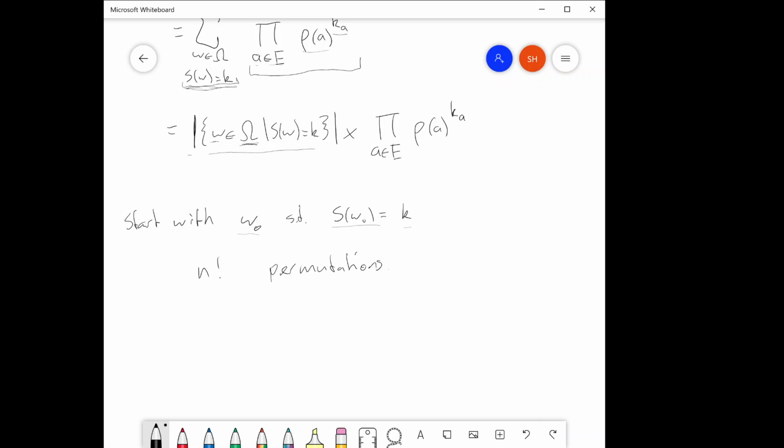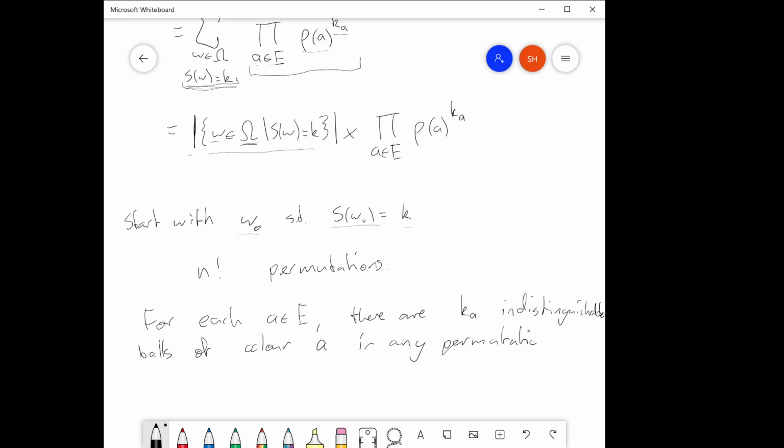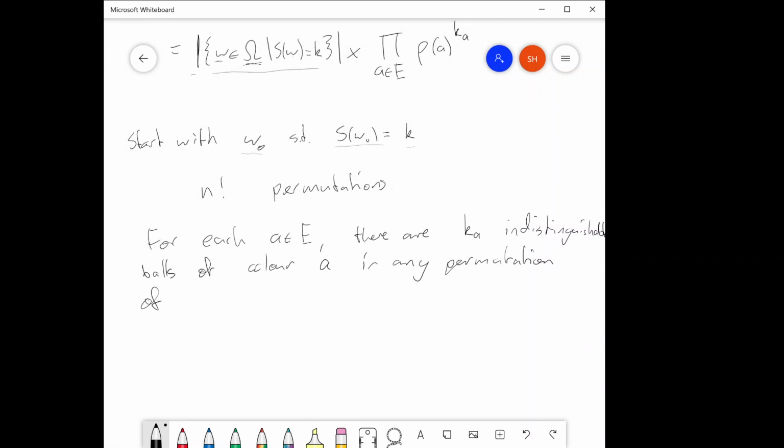But in omega_0, for each a in E, there are also k_a indistinguishable balls of color a in any permutation of omega.